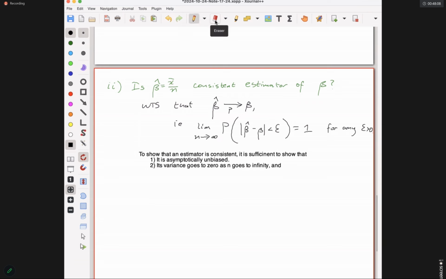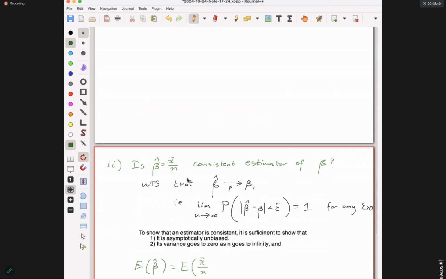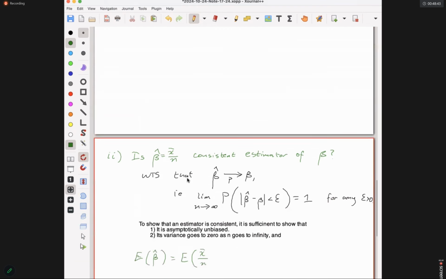Okay, so let's start by showing whether this thing is asymptotically unbiased. We want to know, for any value of n, what is the expectation of beta hat? Oh, sorry, this should not be n. I didn't write n up here, did I? Yeah, it should be 3, not n.